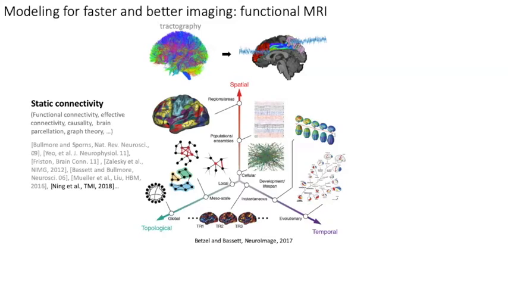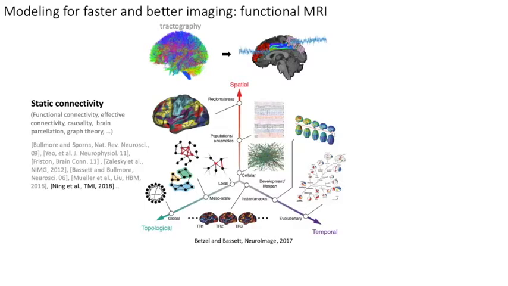If we minimize the temporal resolution, then the classical way of considering a brain network is a static network. Basically, the connection strength doesn't change over time. Many tools have been developed to quantify this connectivity, like functional connectivity, effective connectivity, causality, graph theory, and many other approaches.